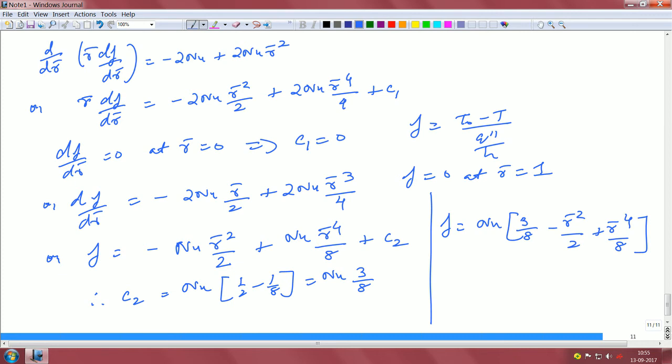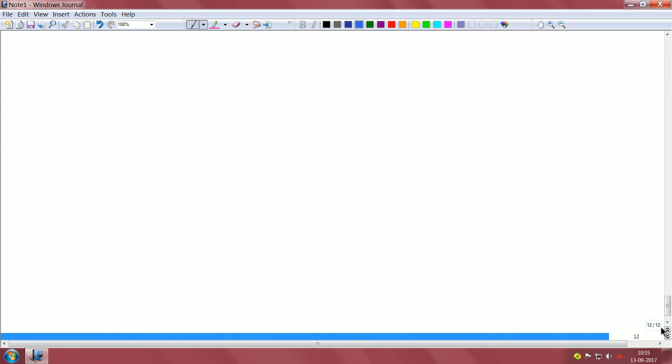Now that we have it, let us write the full equation. Therefore your T is given as T naught minus T mean into Nusselt number times 3 by 8 minus r square by 2 plus r to the power of 4 by 8, right.